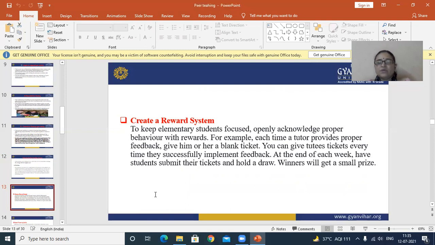You can give a ticket every time they successfully implement feedback. At the end of each week, have students submit their tickets and hold a draw. Winners will get a small prize.